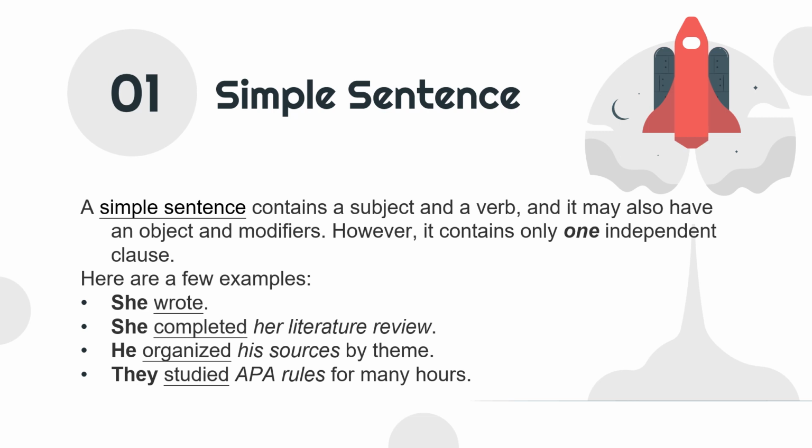It contains a subject and a verb, and it may also have an object and modifiers. However, it contains only one independent clause. Here are a few examples. She wrote. She completed her literature review. He organized his sources by theme. They studied APA rules for many hours.